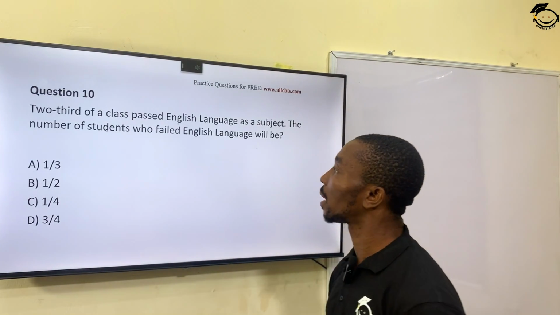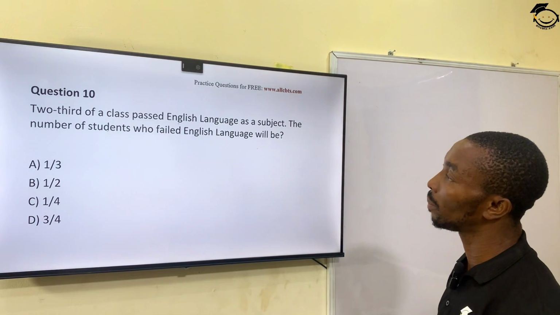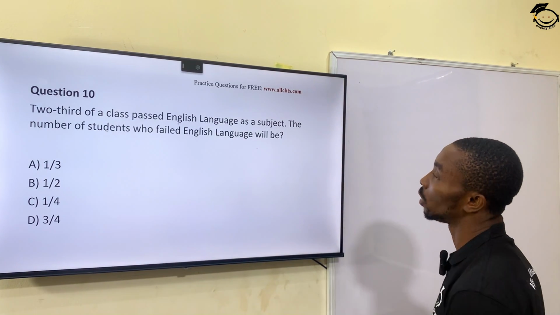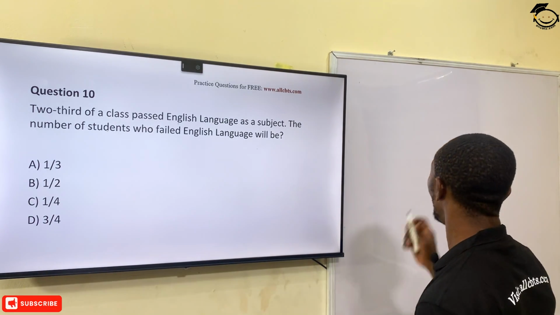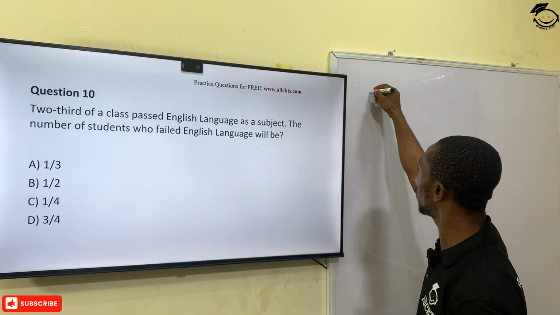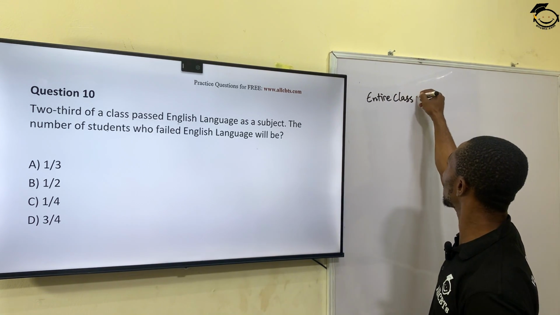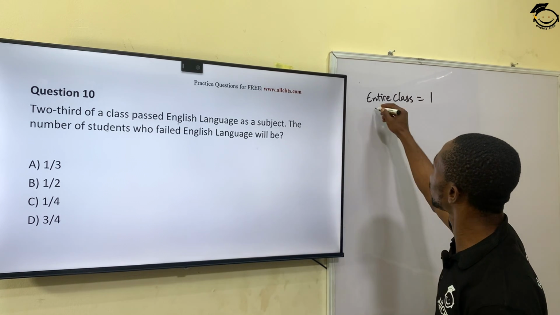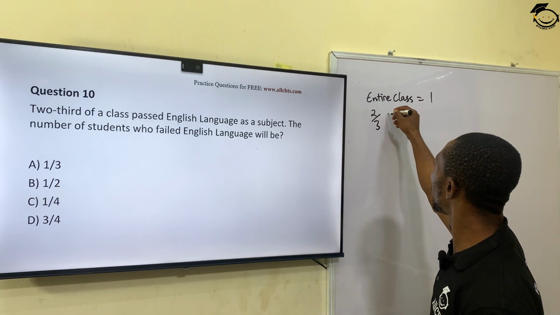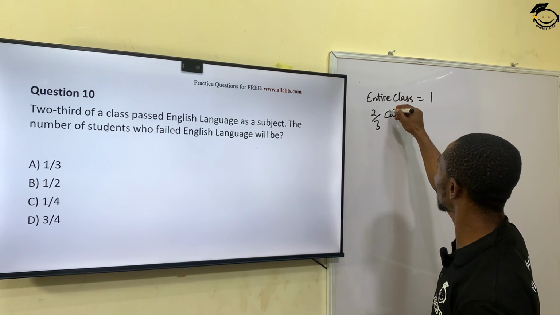2/3 of a class passed English language as a subject. The number of students who failed English language would be, now, if 2/3 of a class, the entire class is assumed to be 1. So the entire class is assumed to be 1, and 2/3 of the class passed.